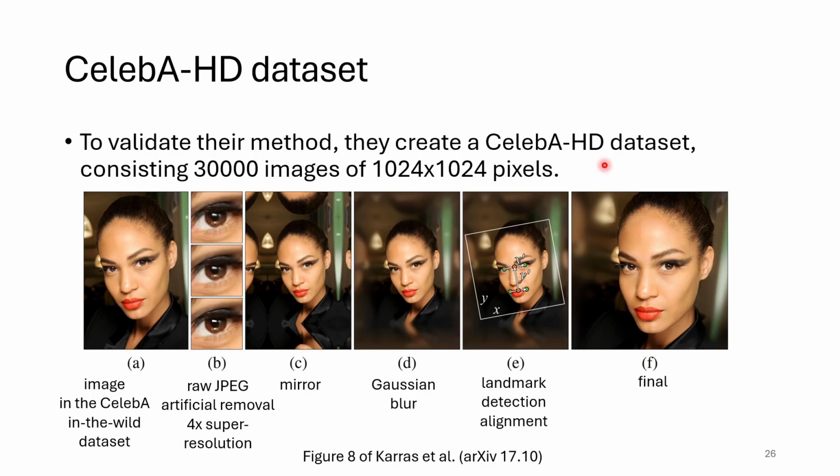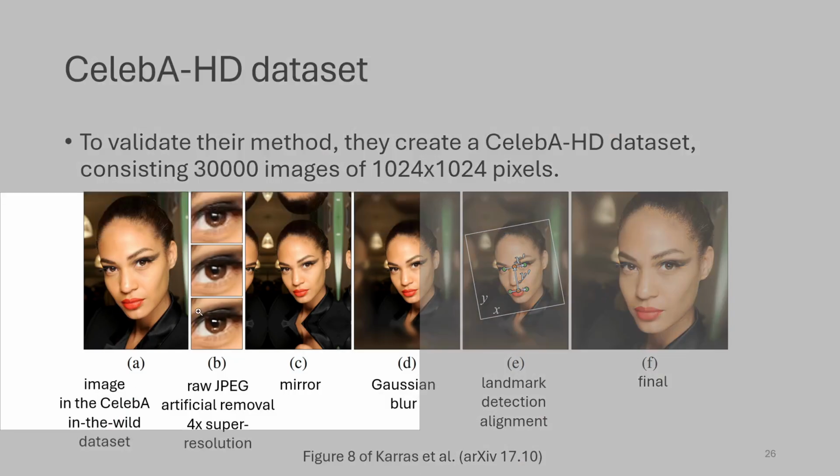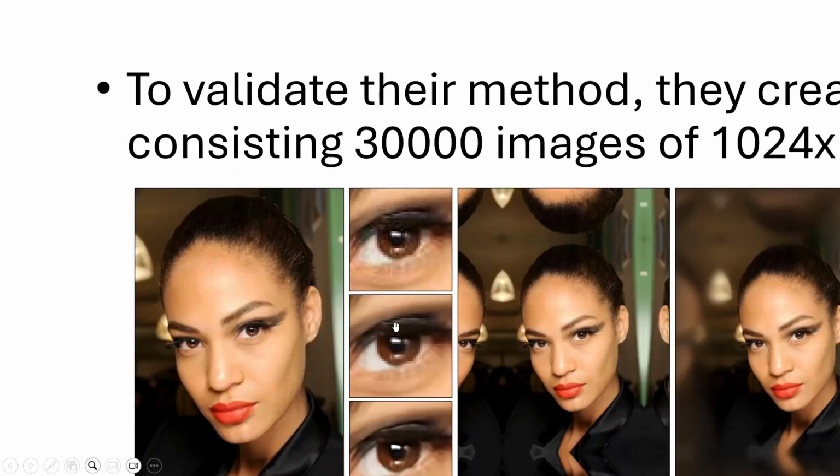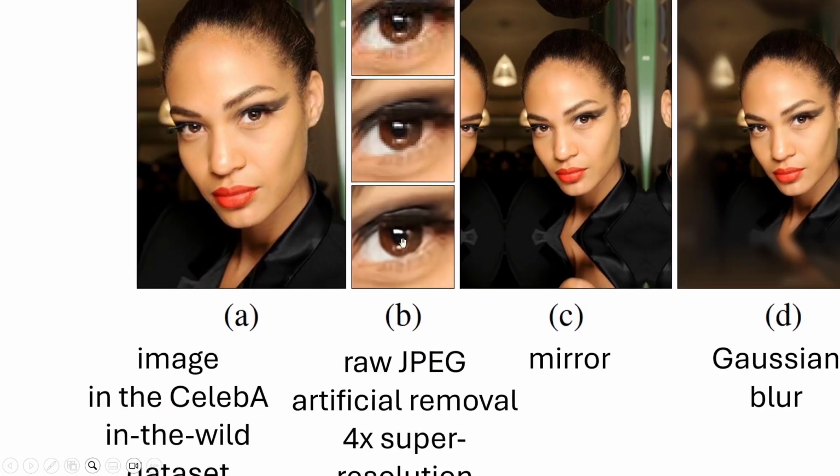So how do they do it? First, given this image from the CelebA in-the-wild dataset, they need to remove the JPEG artifacts. This first image is JPEG compressed. Applying JPEG artifact removal, they get this second image. And they apply super resolution to upscale this image, so it looks really clear.